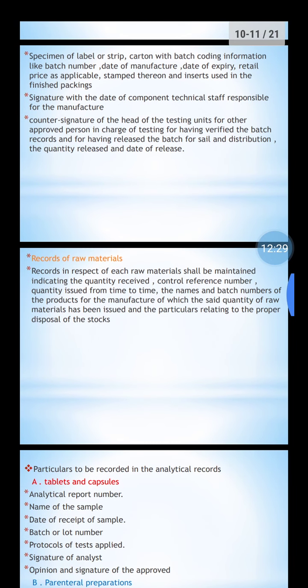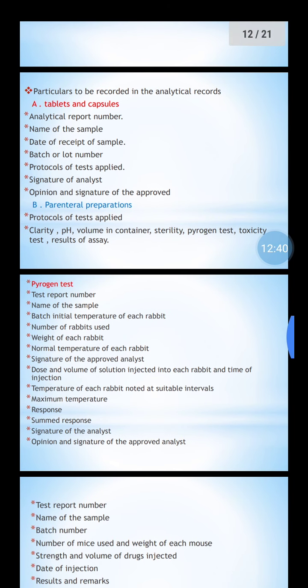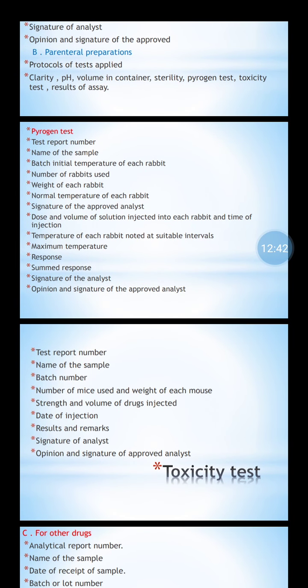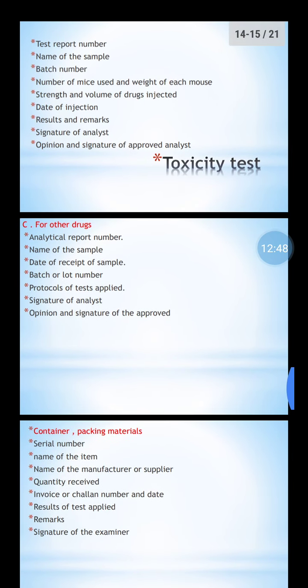Then records of raw materials, then particulars to be recorded in the analytical records in the tablet and capsule, parenteral preparation. Also you saw the pyrogen test or other tests reported.